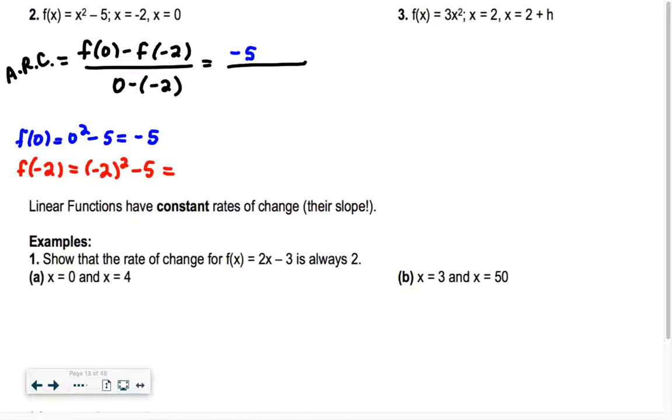Yeah, so this becomes 4 minus 5, which is -1, right? So we have -5 minus a -1 all over 0 minus a -2, which is going to be 0 plus 2, right? So 2. So we get -5 plus 1, which is -4 over 2. So our answer is -2. So that's the slope joining those 2 points.